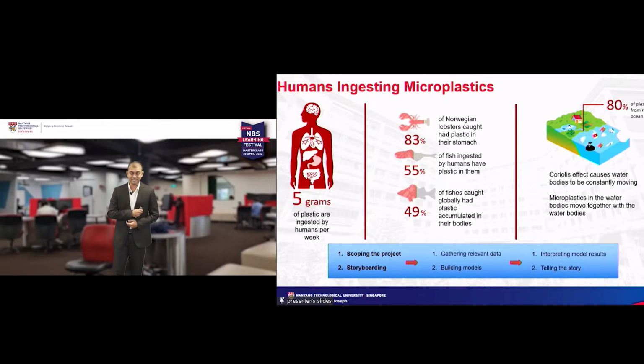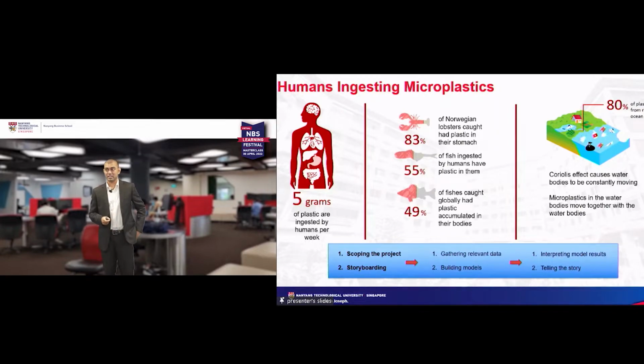So on the screen you can see here, and as Prof. Damien mentioned previously, humans ingest around 5 grams of microplastics on a weekly basis. And the sources of these are from the air that we breathe, the water that we drink, and the food that we eat. And to put that into perspective, 5 grams of microplastics is the equivalent of a credit card. Imagine eating one of these every single week.